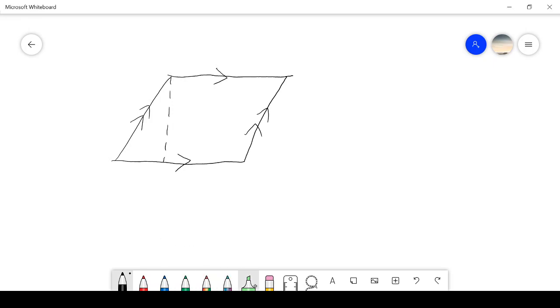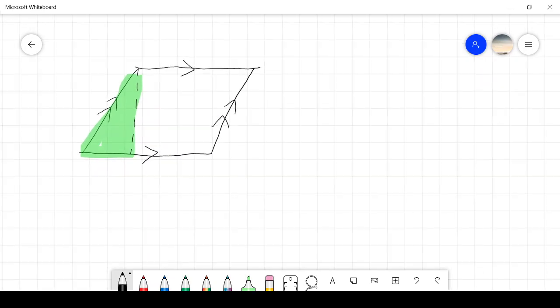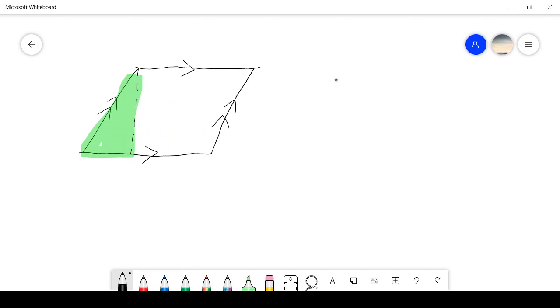And if I cut this shape out, and I placed it right next to this existing parallelogram, I would be left with a shape that looks like this. And this is simply a rectangle.